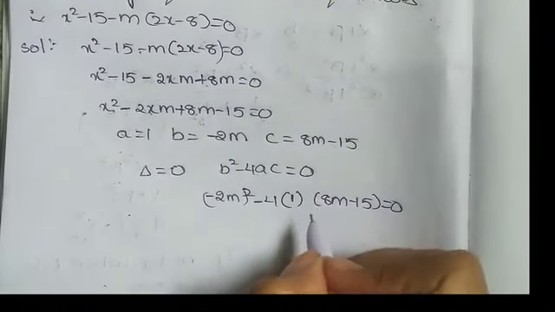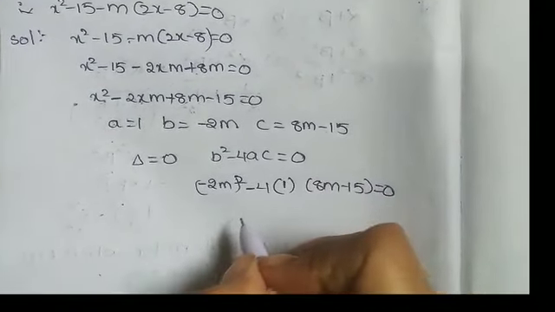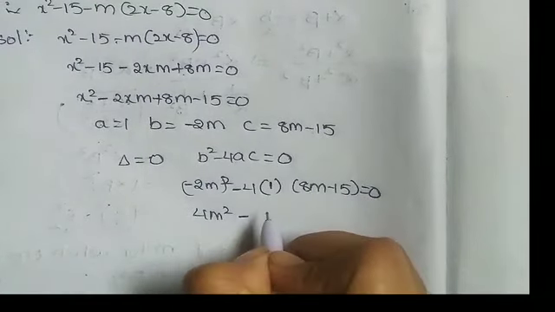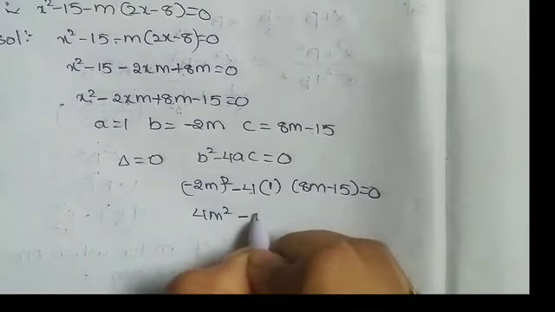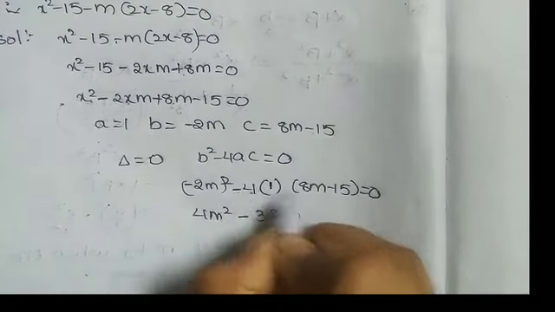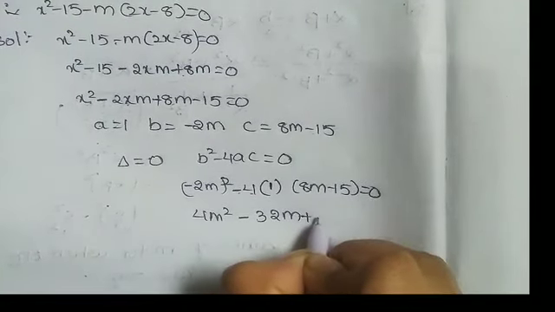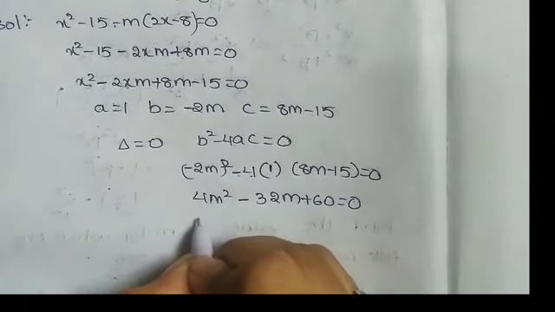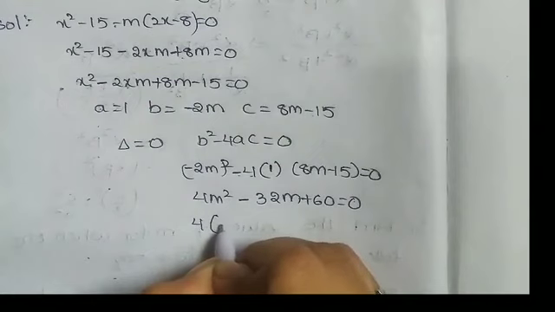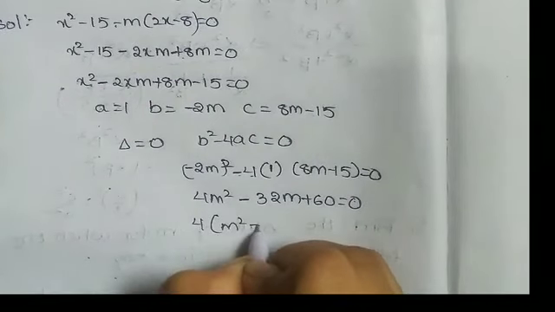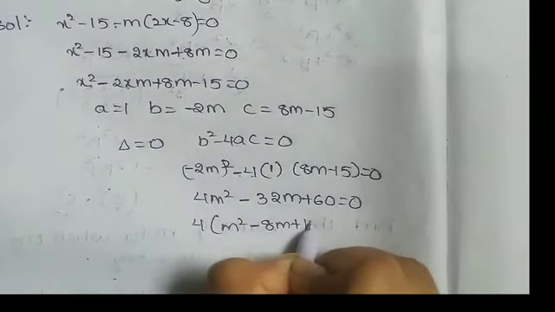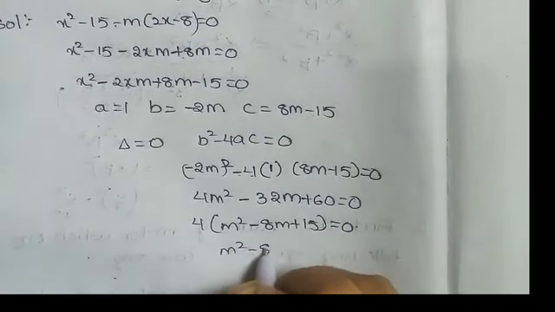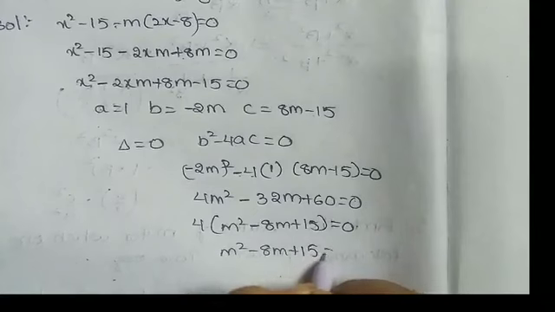Now we will get a quadratic equation and we have to solve this. That is 4m square minus 4 8s are 32m, minus into minus plus 4 15s are 60 is equal to 0. So now we have to take 4 as common. m square minus 8m plus 15. For simple calculation, I am taking the 4 as common. m square minus 8m plus 15 is equal to 0.